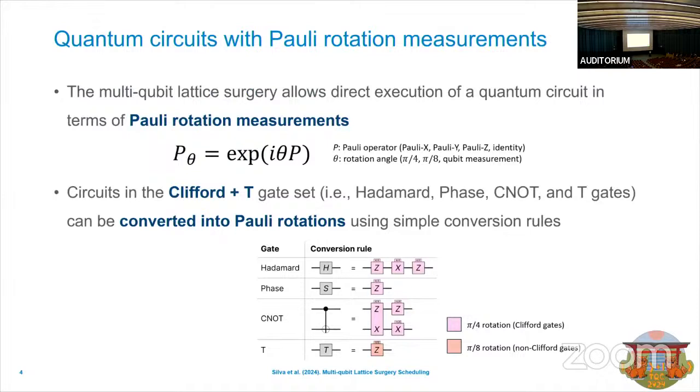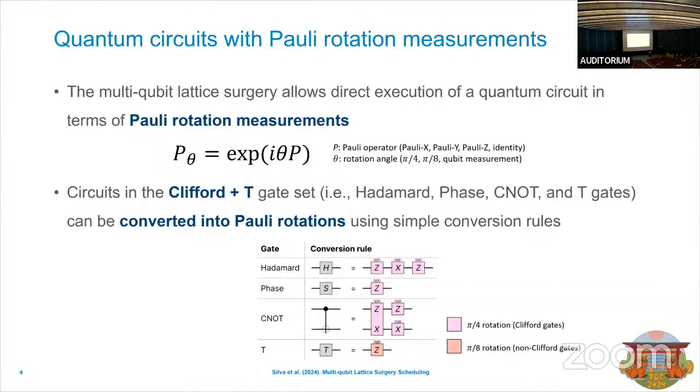Talking about the circuits that need to be scheduled, the lattice surgery considered requires that all logical operations are in the form of Pauli rotation measurements. A Pauli rotation measurement is represented by a Pauli operator, P, as you see here, and a rotation angle, theta, which for the code considered must be either a pi/4 rotation or a pi/8 rotation.